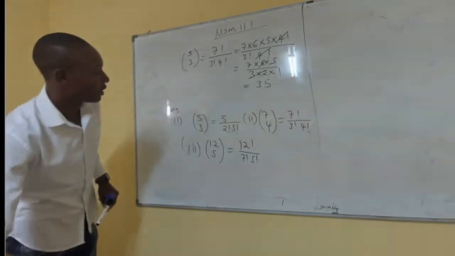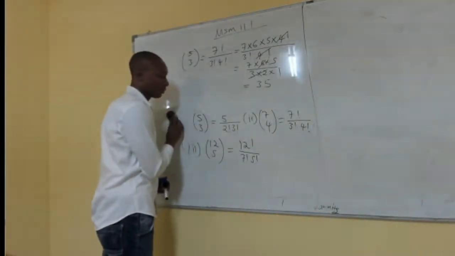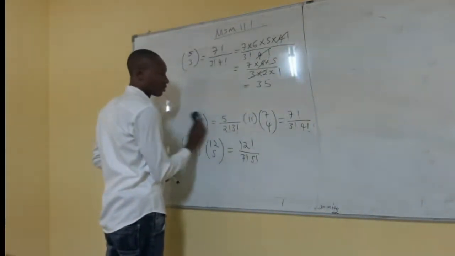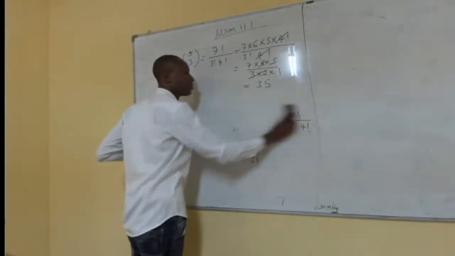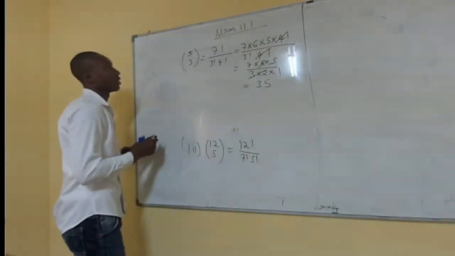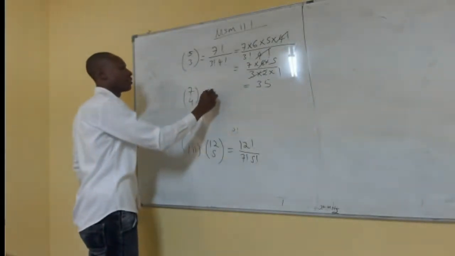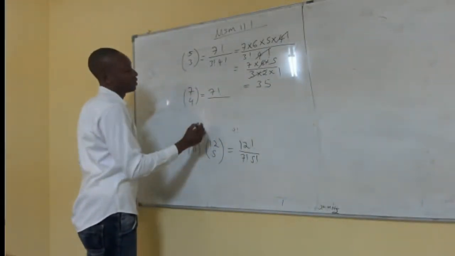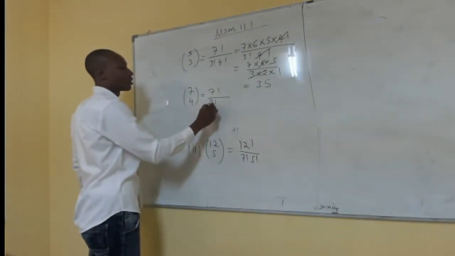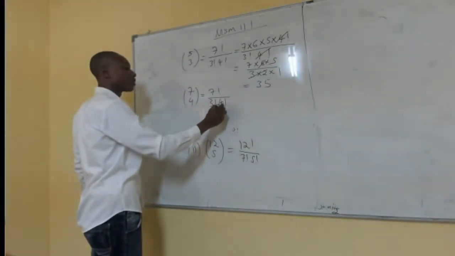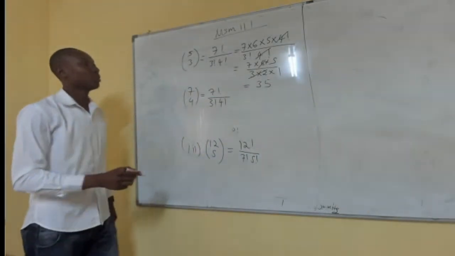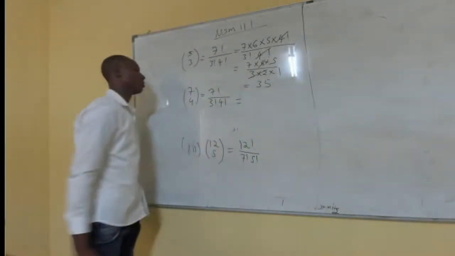Okay, let's evaluate the other one as well. 7 choose 4. We said it was 7 factorial over 3 factorial 4 factorial. So what's the largest we have in the denominator?